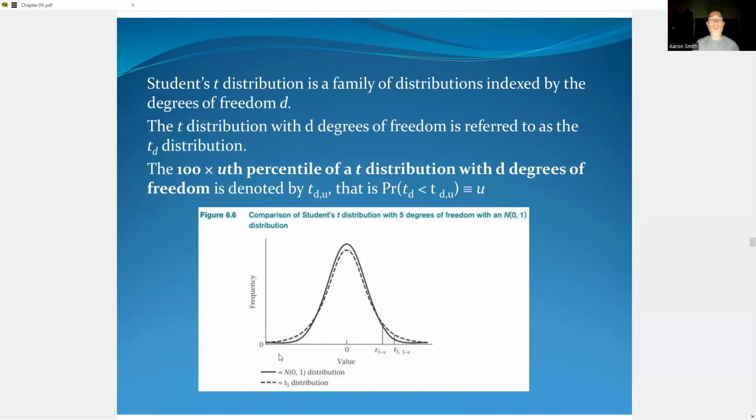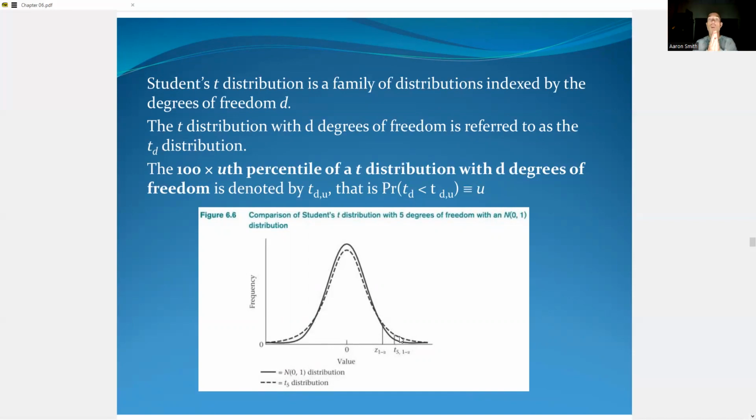And now here, this is trying to show the difference between the t-distribution and the normal distribution. The dark line is the normal distribution. The t-distribution with 5 degrees of freedom is the dashed distribution. You'll see that it's a little bit lower in the middle, and it's got heavier tails. It's got more data appearing in the tails.